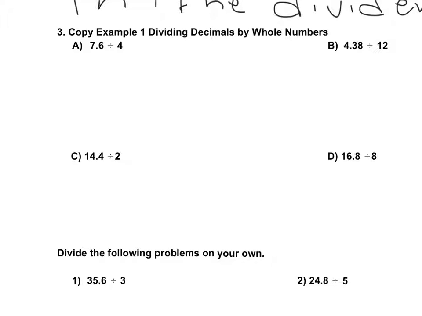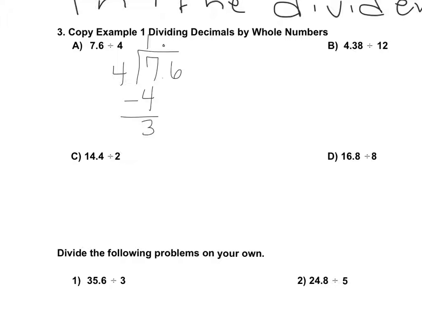7.6 divided by 4. So, 7.6 divided by 4. Well, make sure we put our decimal right there. 4 goes into 7 one time. You subtract, you get 3, because 7 minus 4 is 3.